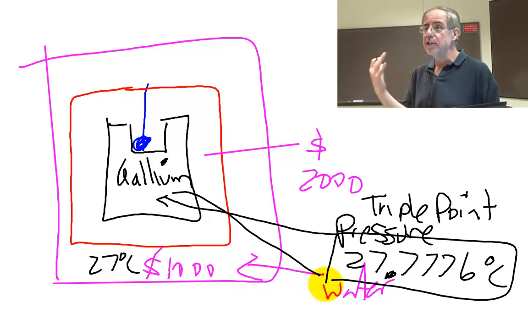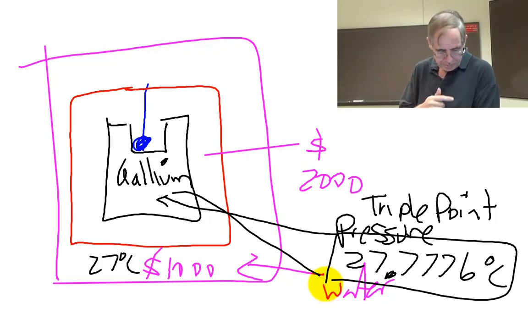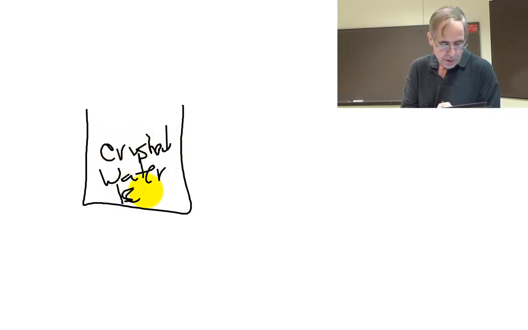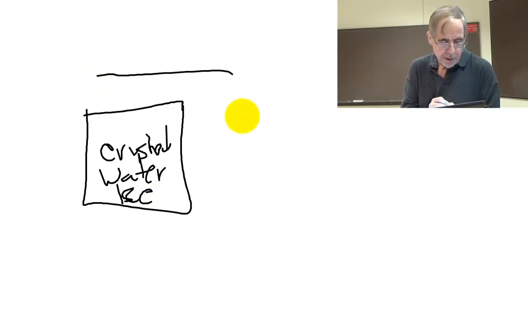Now, the rest of us, you know, mortals, who don't want to spend $3,000 just to calibrate their Lab 9, don't spend the money. Take water and crushed ice, and then you insulate it.